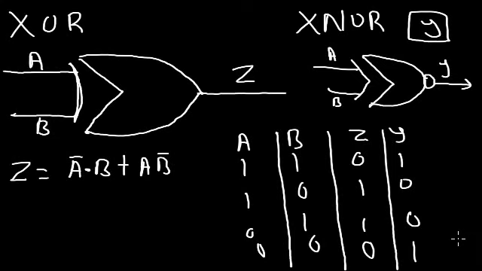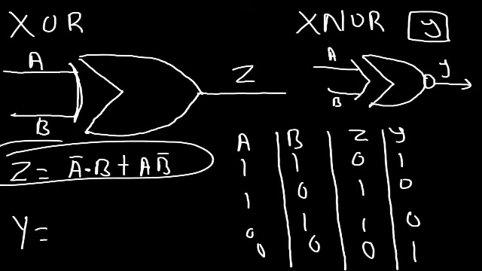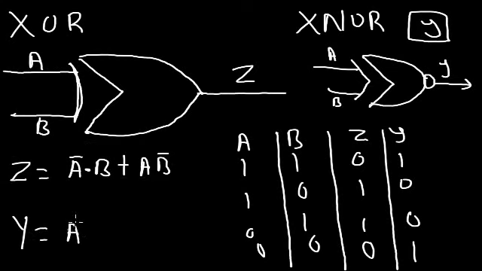By the way, I think I almost forgot one thing, and that is the logical combination of the XNOR gate. How can we represent the XNOR gate? Like we said earlier, Y is just the negation of the XOR gate. So it's going to be A bar times B plus A times B bar, then the negation of that.